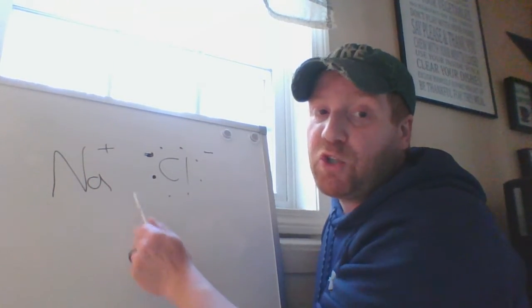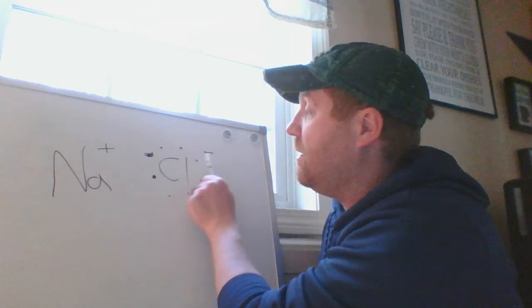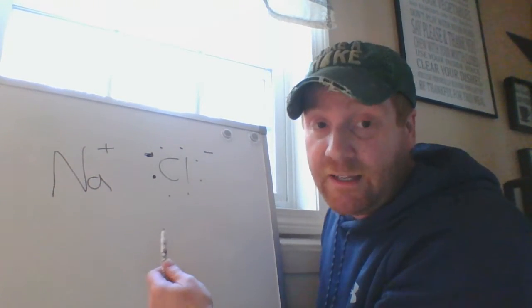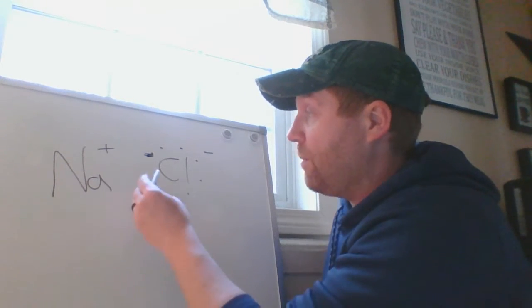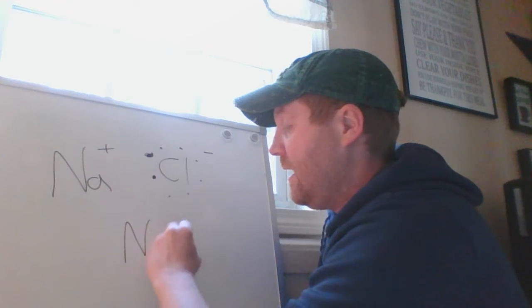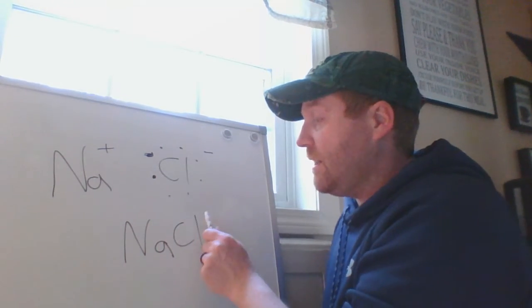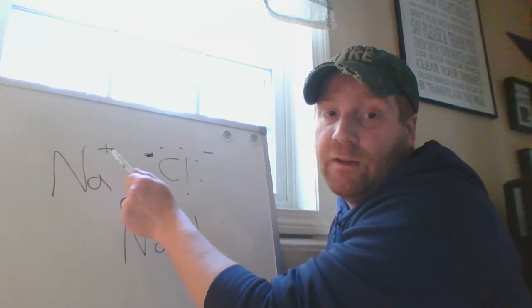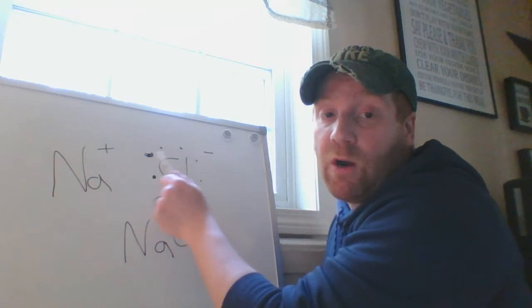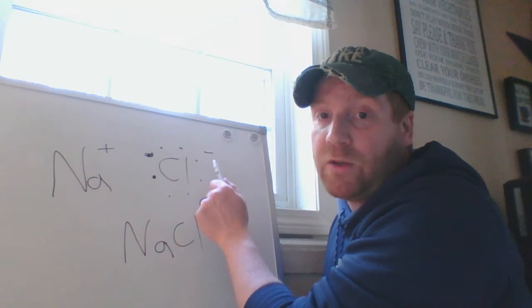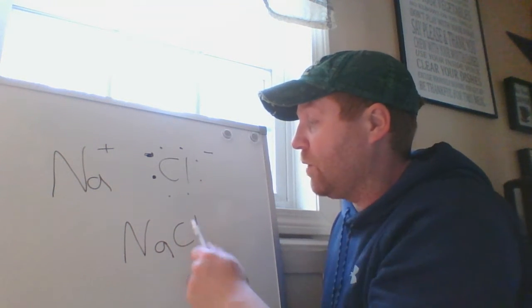Since you know about the attraction between positive protons and negative electrons, these two elements get together and they will form the compound NaCl. Notice that I don't write any charge up in the corner because the one positive charge from sodium has been balanced out or canceled out by the -1 charge of chlorine.